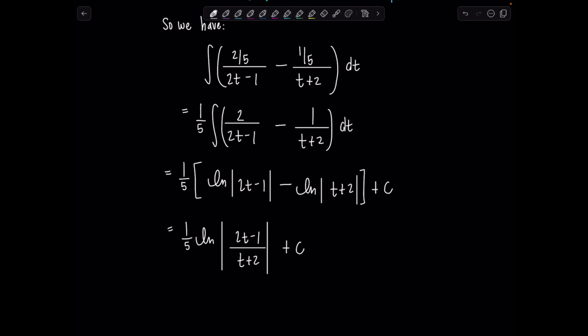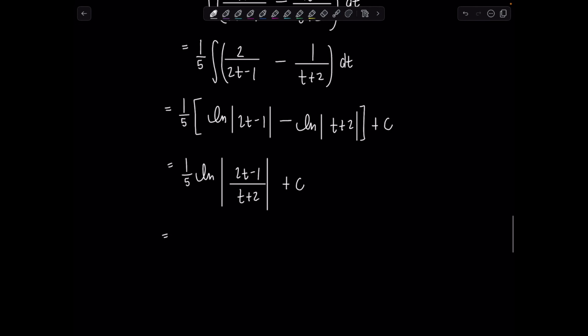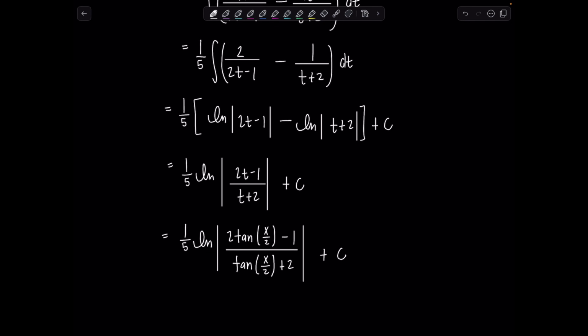And then now we do need to go back, replace t with, yes, tangent of x over 2. So we have 1/5 natural log absolute value 2 times tangent of x over 2 minus 1 over tangent of x over 2 plus 2, plus c.